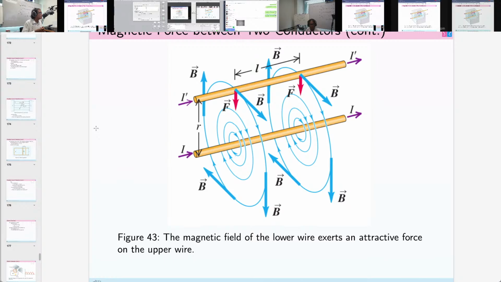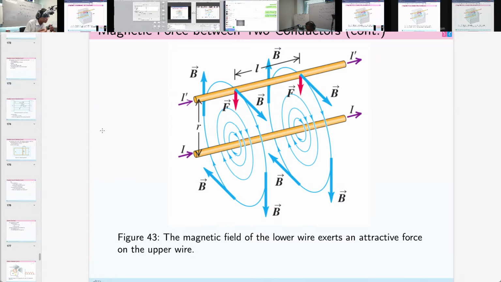Yes, before you have seen the story about a single conductor, right? And right now we are going to see something about two conductors. There are two conductors in this scenario, and before that you have seen the F = BIL, right?